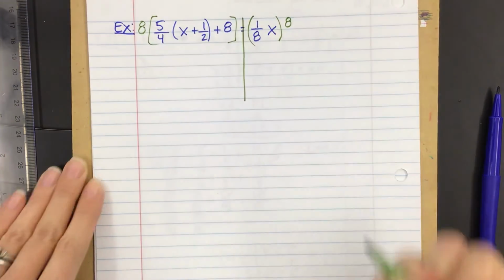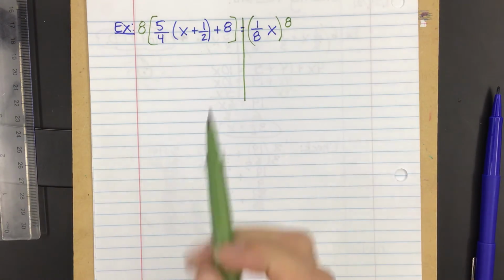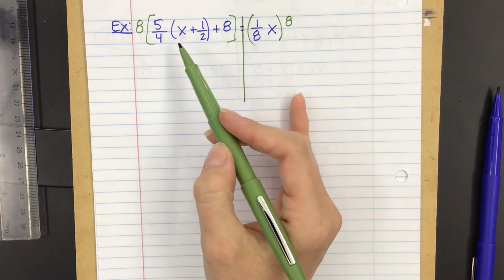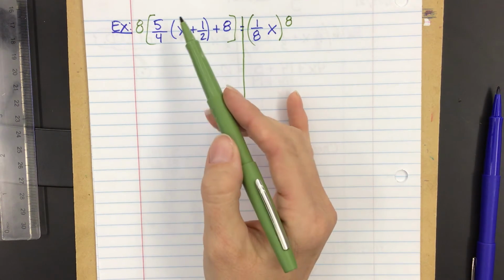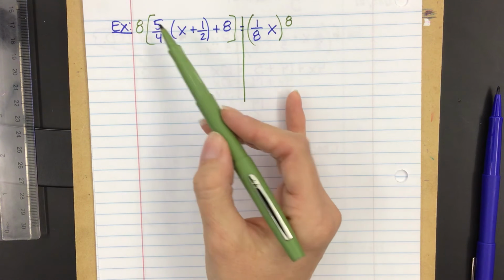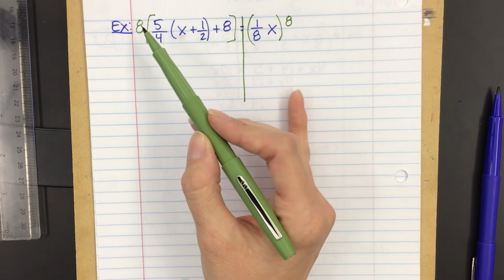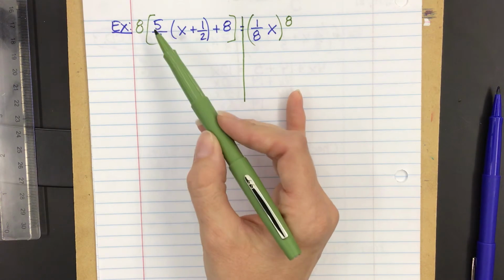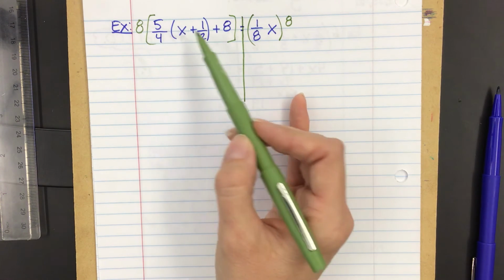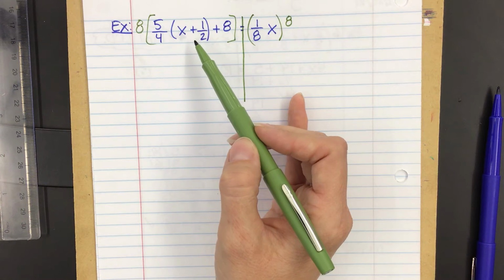Okay, now here's the deal. When you have grouping like this, you're only going to multiply the coefficient of your grouping by 8, okay? And the reason you only multiply just this number by 8 is because this number will then be distributed later on to your x and your half.